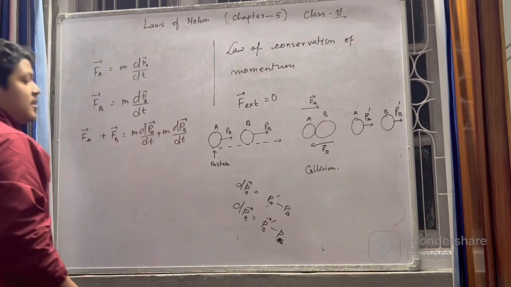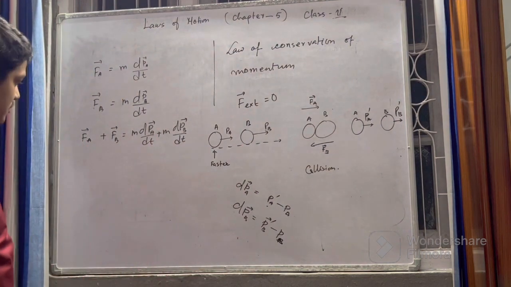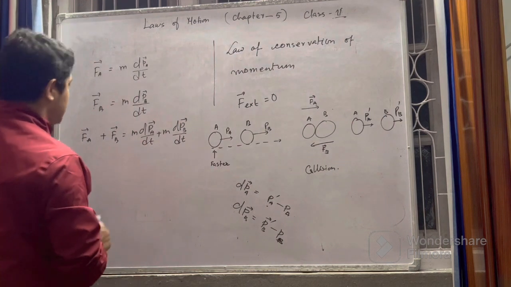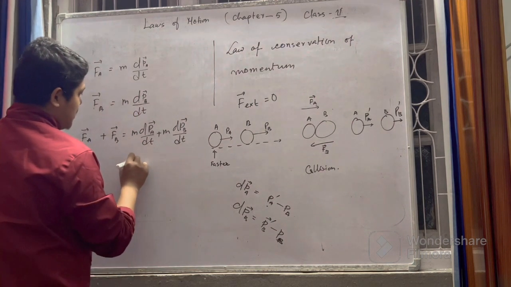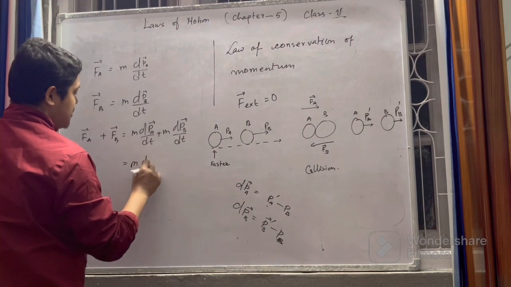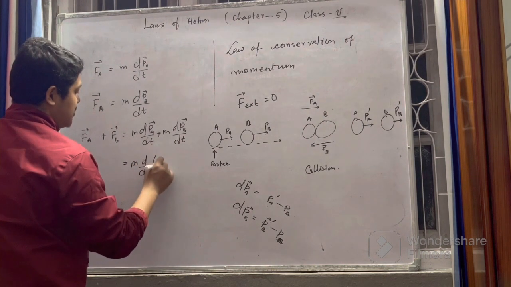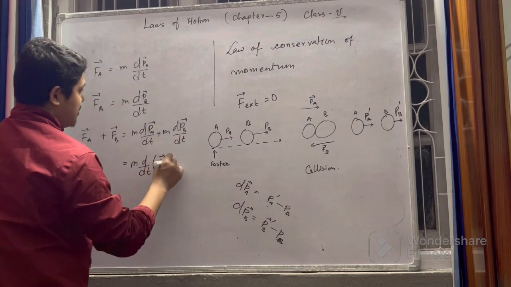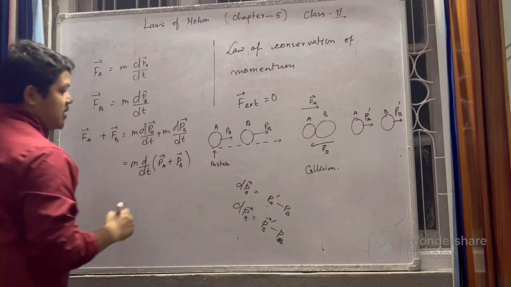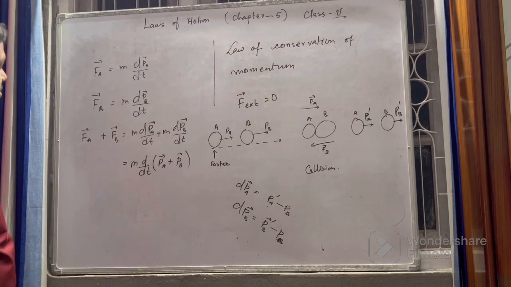Now if you take the m common, then you can write it as P dash A plus P dash B minus PA plus PB, right?